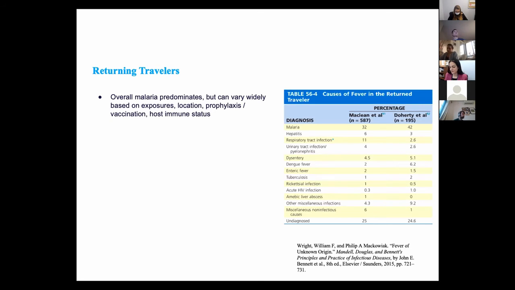This is a case series looking at fever in returned travelers, and malaria is the most common, 30 to 40%. And then you have a variety of other infections. Some of them are not so uncommon, just regular respiratory tract infections, pneumonia, flu, and then UTIs and pyelonephritis.